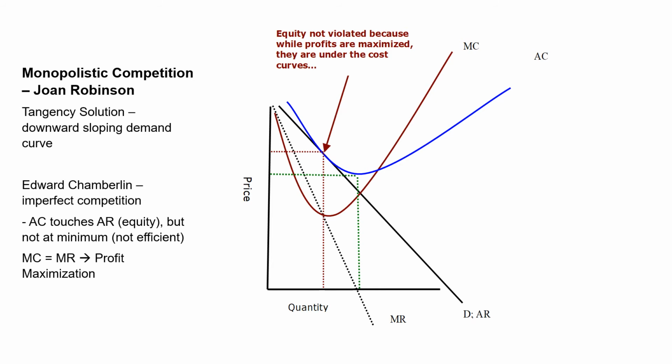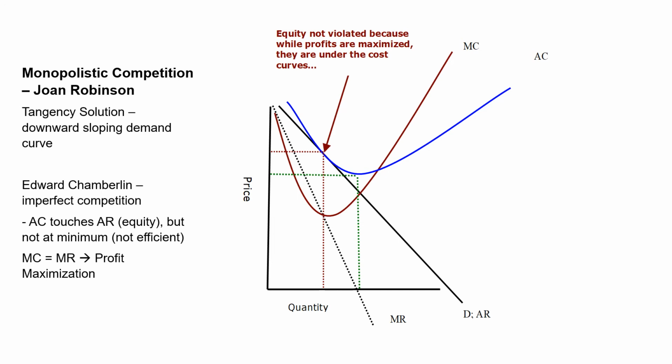If we take the line up to the average revenue curve and over to the price line, that's where we arrive at our profit maximizing price. And dropping down from where marginal revenue cuts marginal cost, that's our profit maximizing quantity. And what we notice is that the average cost curve touches at that same spot where that profit maximizing price occurs. So again, the average cost touches the average revenue, and that is what we talk about with equity, right?